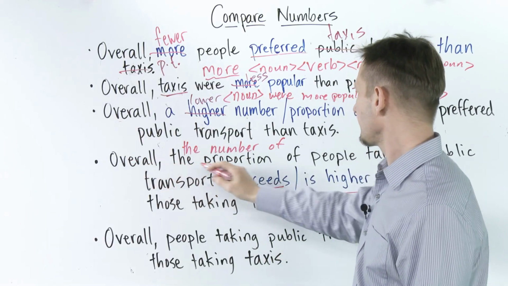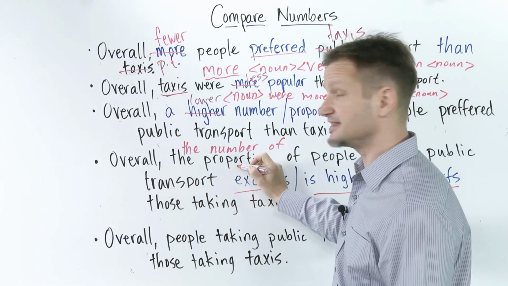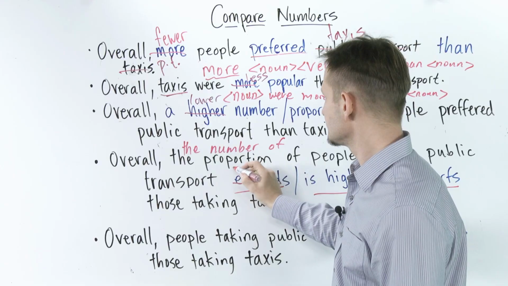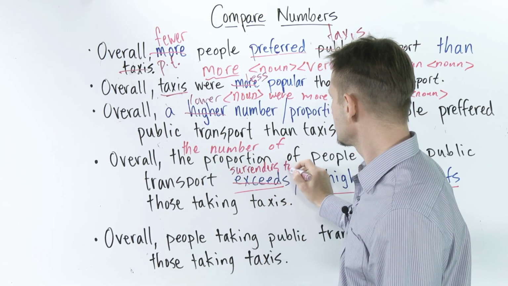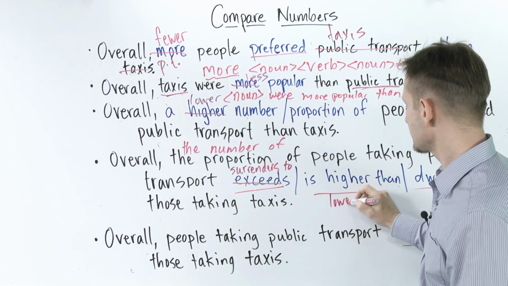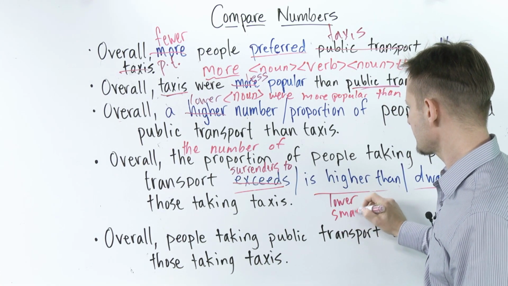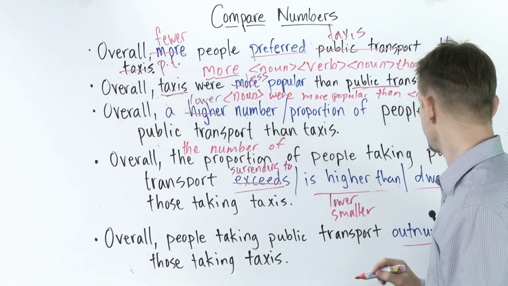And here we can say overall the proportion of people taking public transport exceeds. So we can change that to surrenders to. We could change this to is lower than or is smaller than. It's going to depend on the context of the data on the graph.